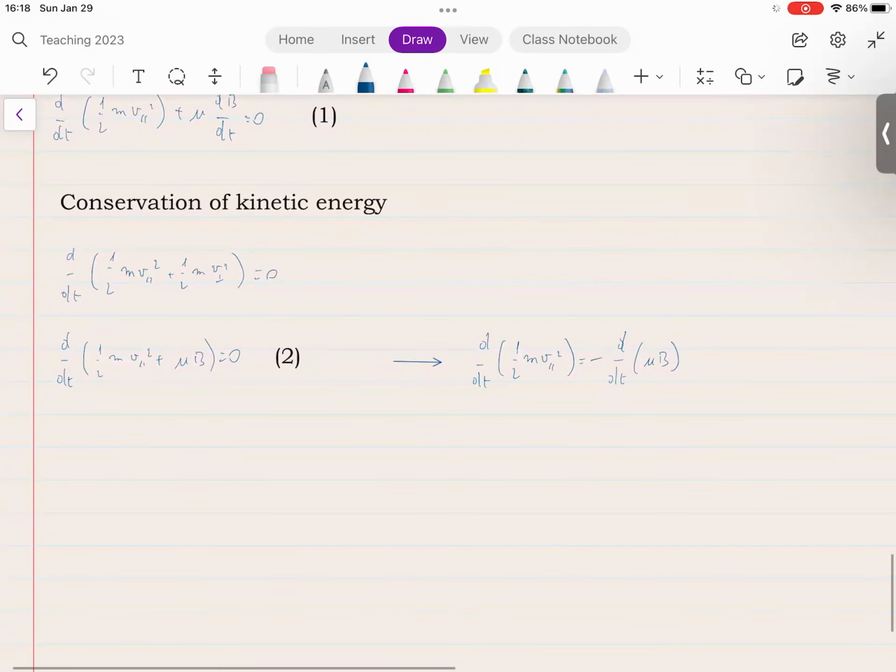And I find that minus d over dt of mu times B plus mu dB dt is equal to 0, which by inspection immediately implies that d mu dt is equal to 0.